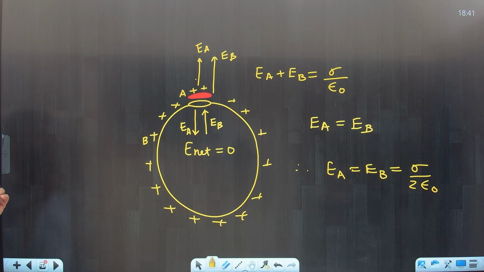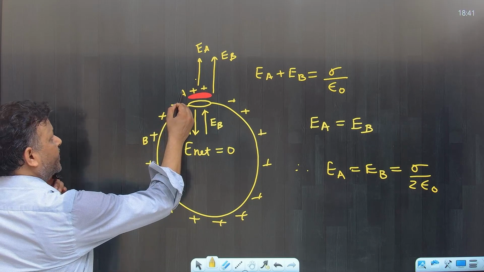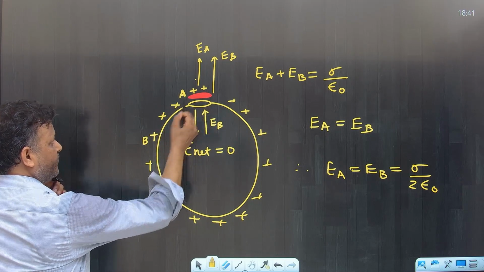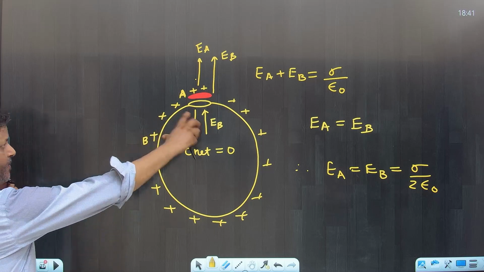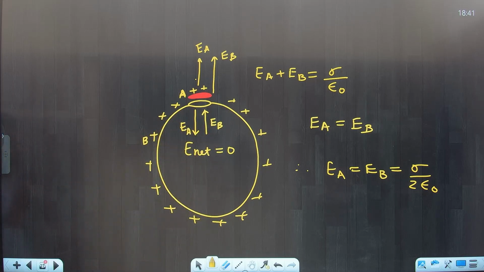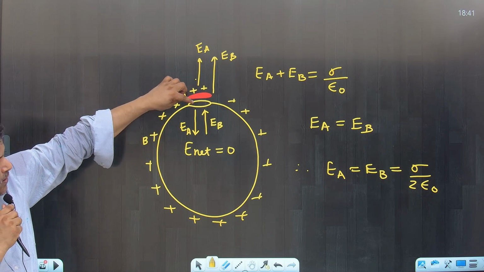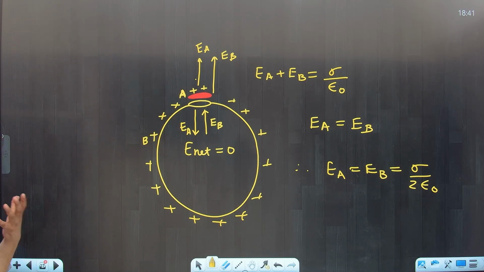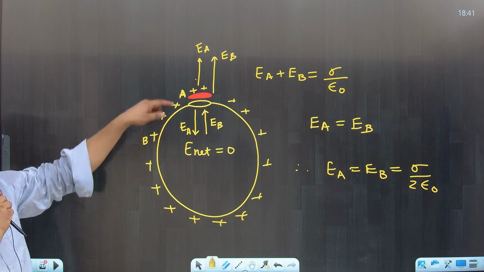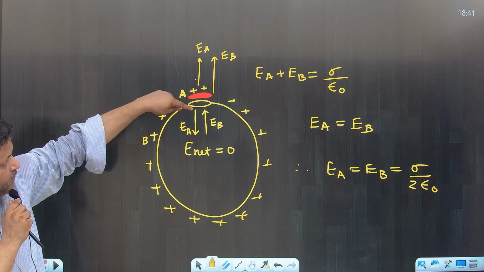See, there are two parts. One part, A, is this patch which you have removed, and B, the remaining part of the sphere. We know that electric field due to these two systems, when you put them together at the gap, will make a complete hollow sphere, and electric field just inside this hollow sphere is 0.